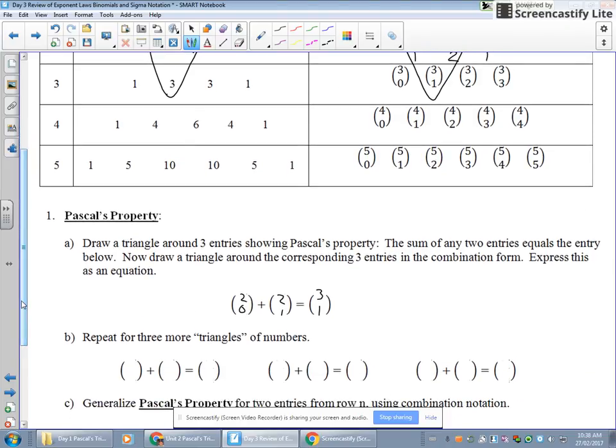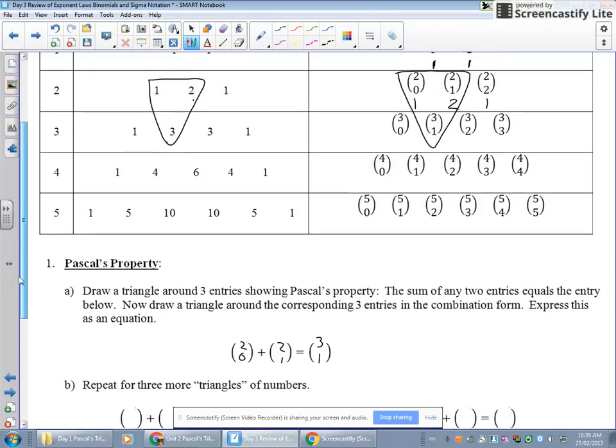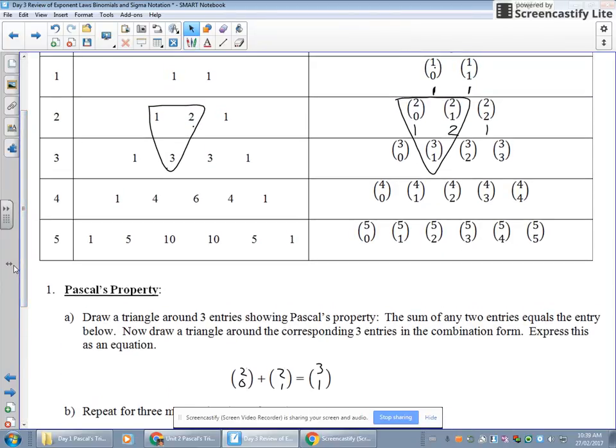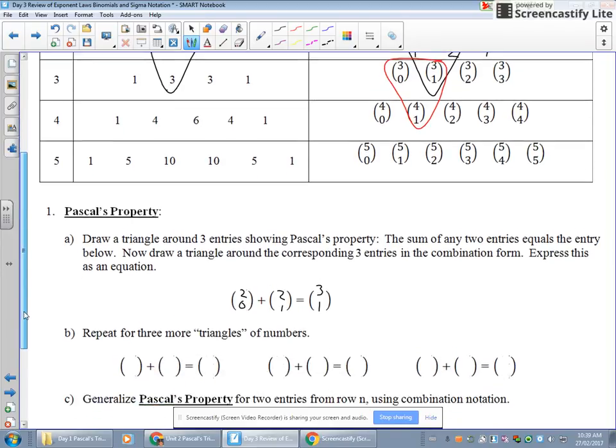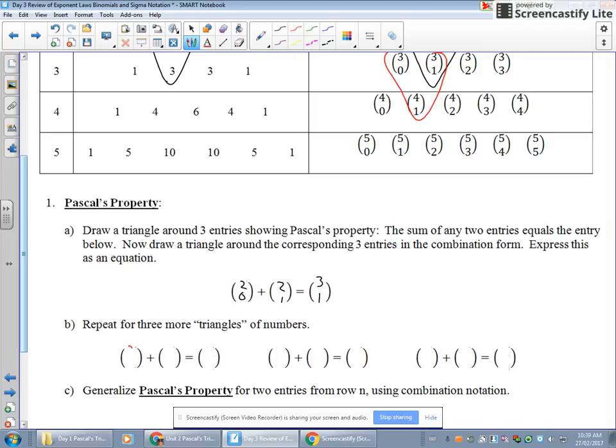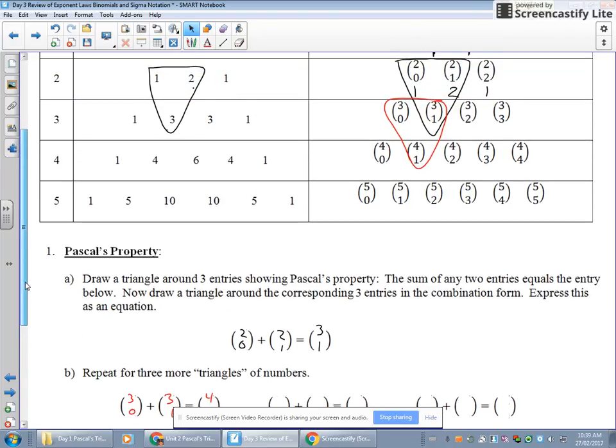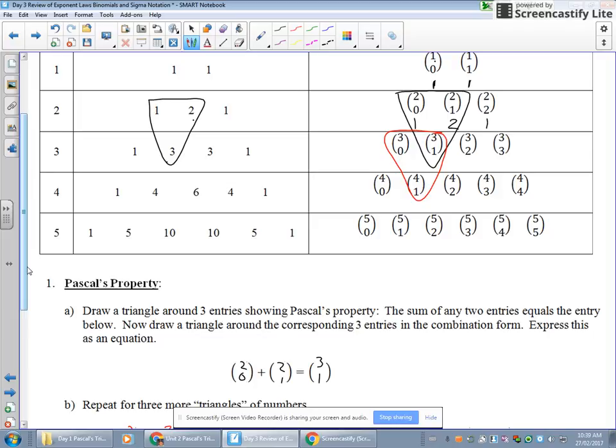We're asked to do that for 3 more triangles of numbers. So let's do this triangle here. So that says 3 choose 0 plus 3 choose 1 is equal to 4 choose 1. I'll choose this triangle here.